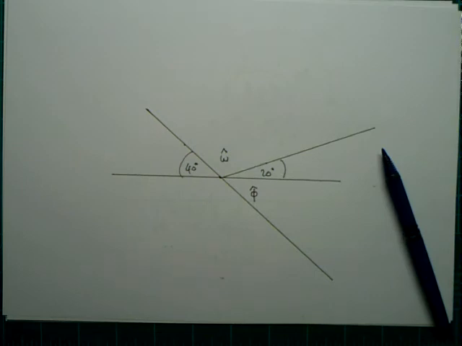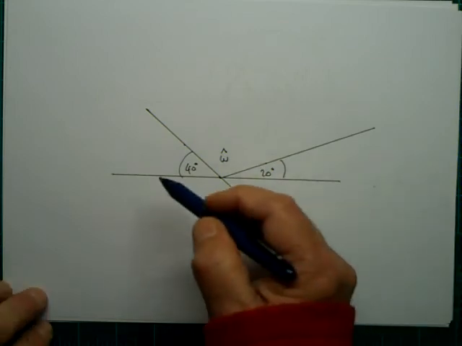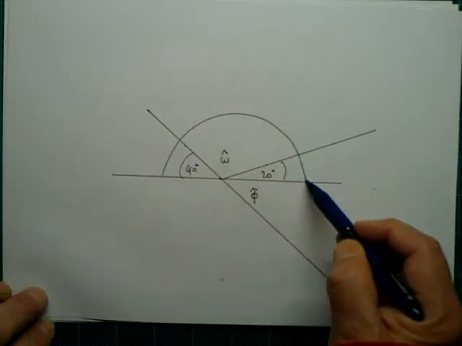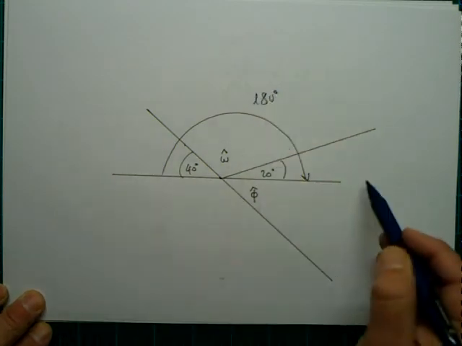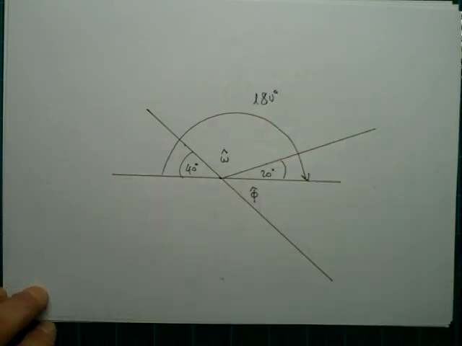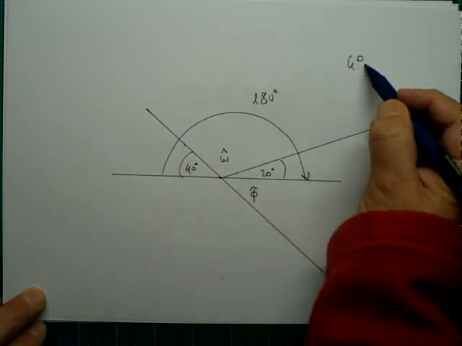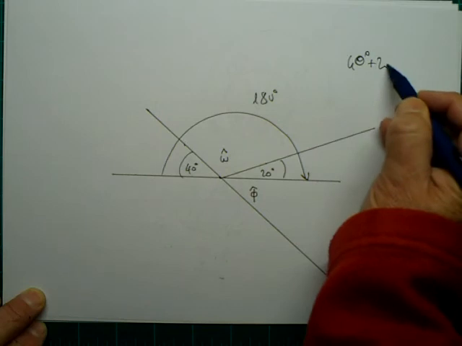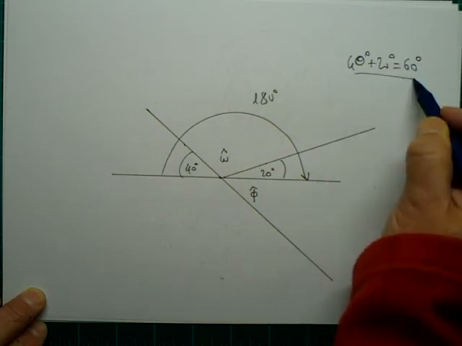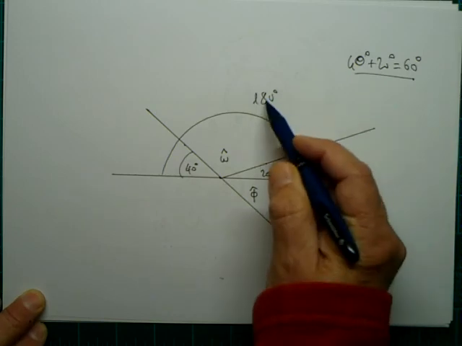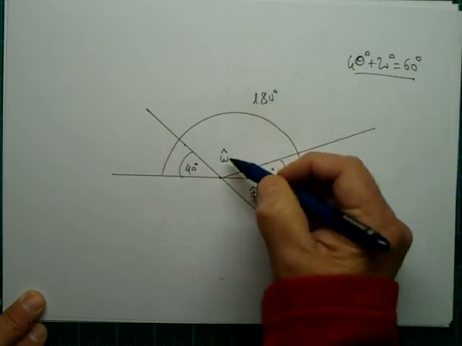Okay, let's try to answer our question. Now, this angle here is 180 because we have a straight angle, which means that if we add these two, 40 plus 20, which is 60 degrees, and if we subtract this from 180, we get omega.